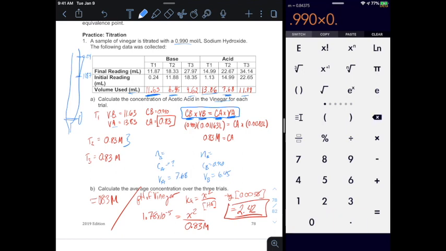So I was being really lazy last year apparently, not even changing to liters. That gives 0.06385. This will become the number of moles of acid. And then to determine the concentration, we simply take this number and divide it by our volume of acid.